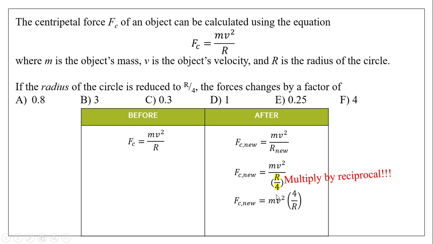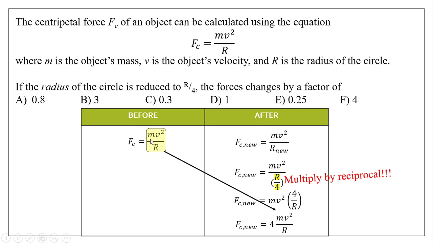If you do that, flip the 4 to the top, and the r stays in the denominator. So therefore, we have mv squared times 4 divided by r. Here, I'm just going to pull the 4 out because it's mv squared times 4. When you multiply, it doesn't really matter whether the coefficient is at the end or in the front. I like it in the front because that allows me to factor out things and then recognize the substitution.